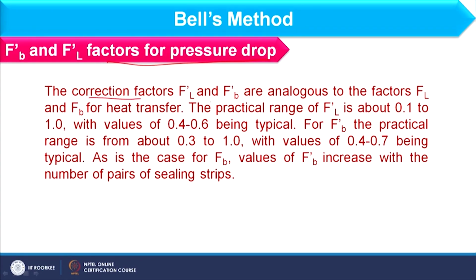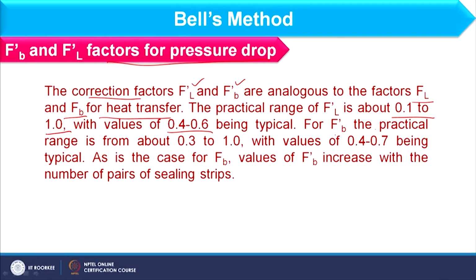The correction factors FL dash and FB dash are analogous to factors FL and FB for heat transfer, which we have already discussed. The practical range of FL dash is about 0.2 to 1, with values 0.4 to 0.6 being typical, so it will be better if the value lies between 0.4 to 0.6.